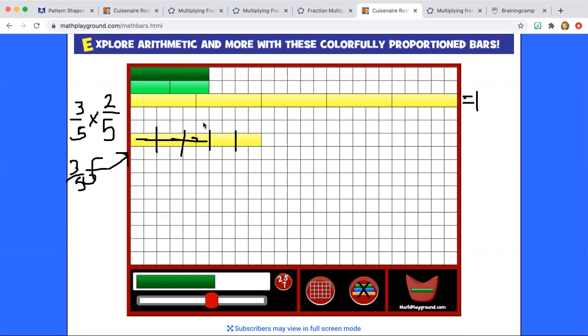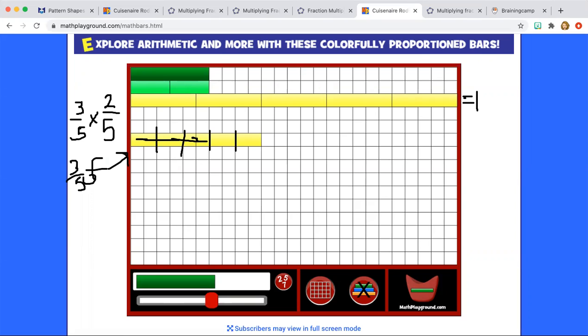So you can think about multiplication of fractions in a number of different ways. And they all lead back to the same: multiply the numerators, multiply the denominators. In this case, we did 3/5 of 2/5. You can do this, try it now. What would 2/5 of 3/5 look like?